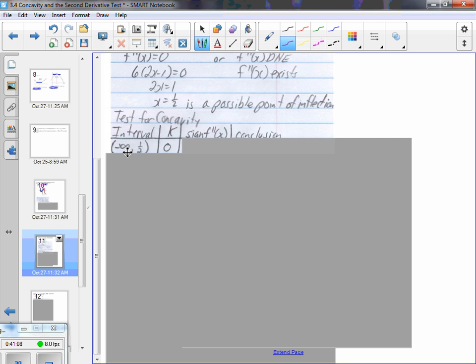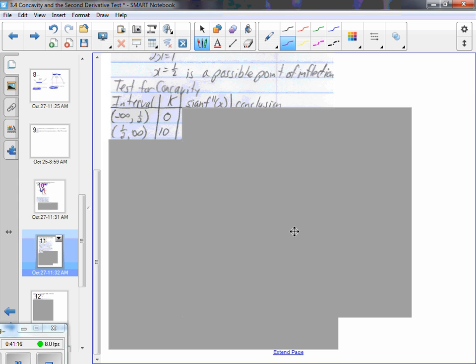So go from negative infinity to 1/2, and then what's your other interval going to be? 1/2 to infinity. And then pick out a nice easy number to work with in each interval. I use 0 whenever I can. 0 fits nicely into the first interval. I just pick 10. You can pick 1,000,000,000 if you want for that second interval.